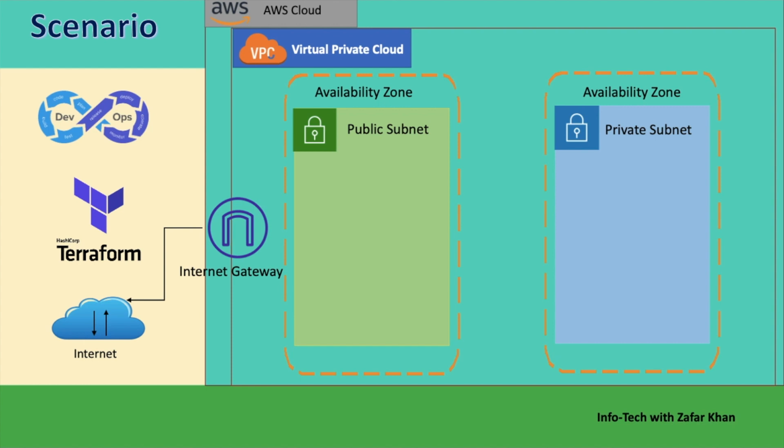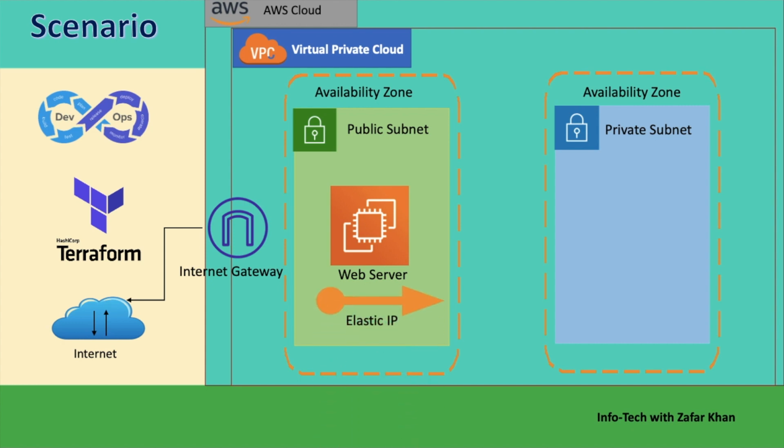Then we will create the instance. We will create the instance for the web server under the public subnet and set up connectivity like SSH or all traffic. It can be accessed through the internet via the internet gateway. Then we will create an elastic IP.